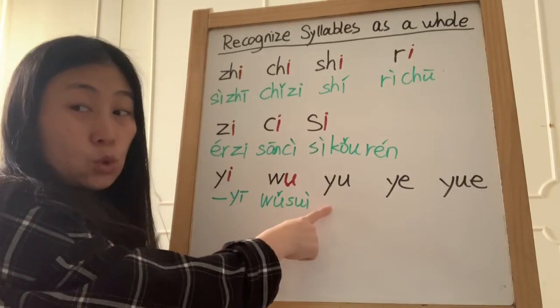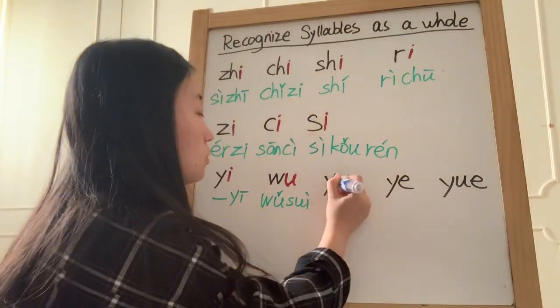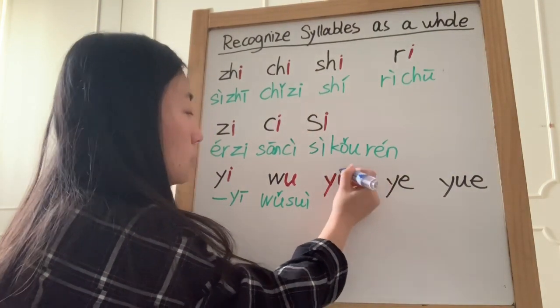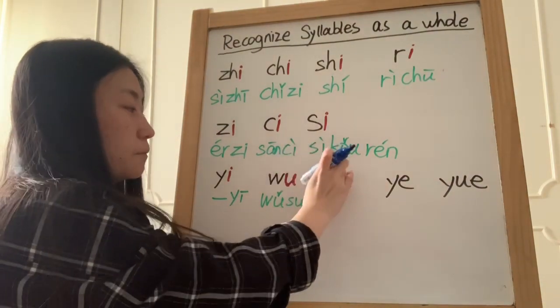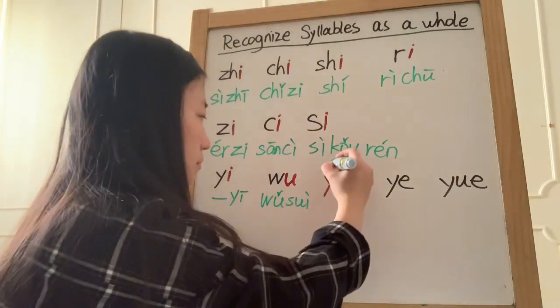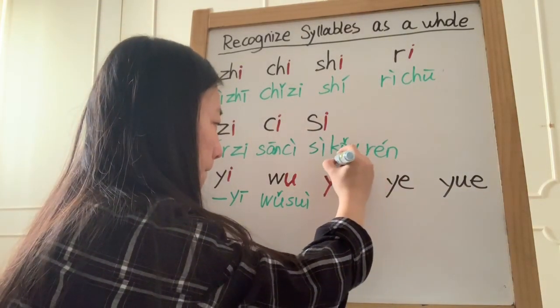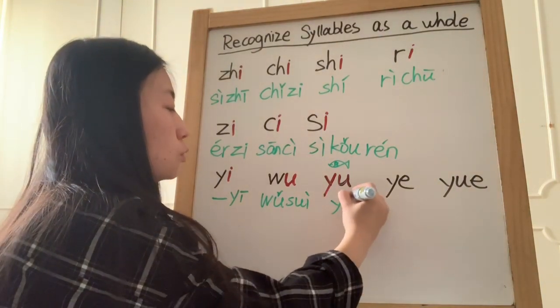This one is U. Like U, but we don't write it. For example, the fish. The fish is 鱼, right?